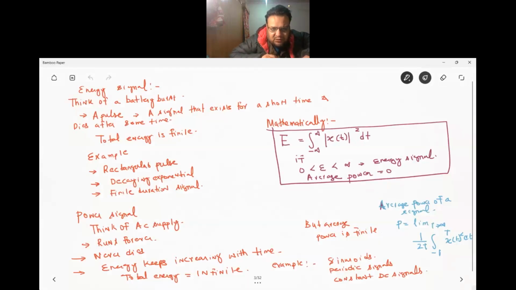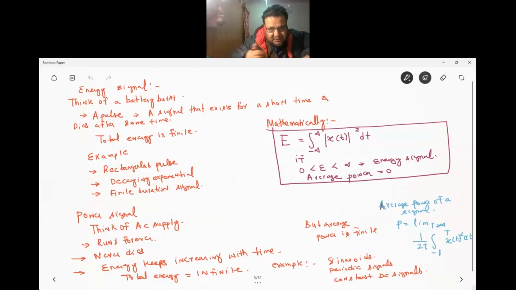Now, what are we more interested in? What is an energy signal? An energy signal's average power would be equal to zero. An energy signal can be like a pulse, a signal that exists for a short time and dies after some time, whose total energy is finite.